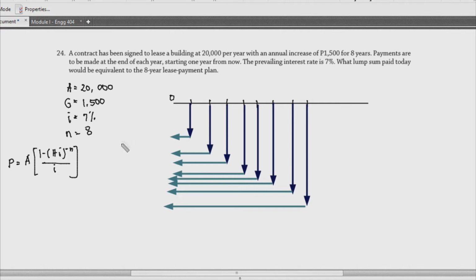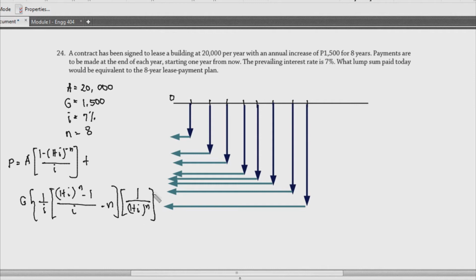But we have to make sure that we are adding this with the value of our G, multiplied to 1 over I. So, this is our factor, and then 1 plus I raised to n, a reversal in a sense, minus 1 over I minus n. Okay, and then you multiply this first with 1 over 1 plus I raised to n. Close that and then close the other brace.